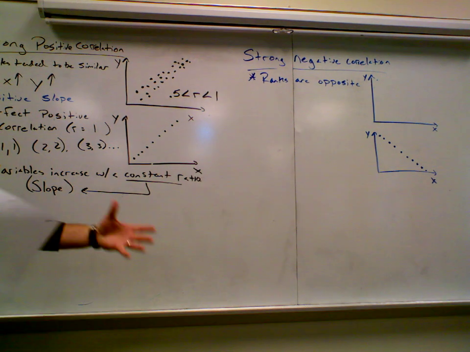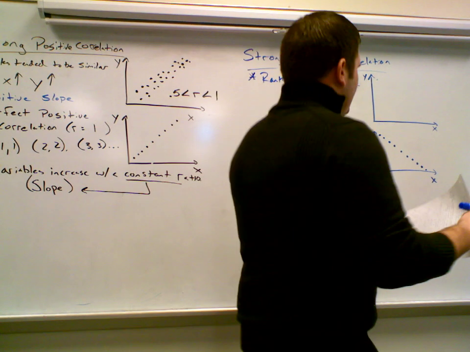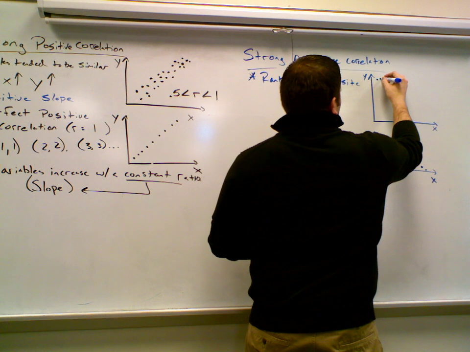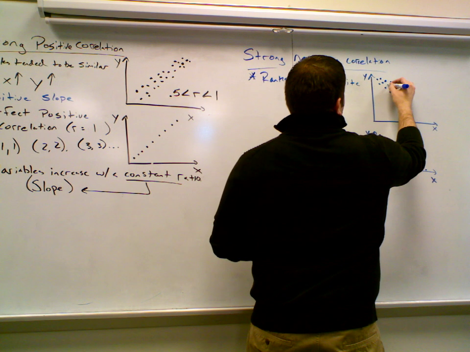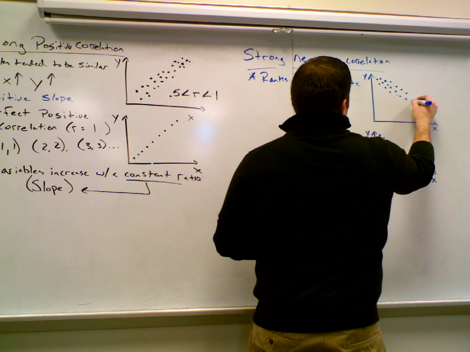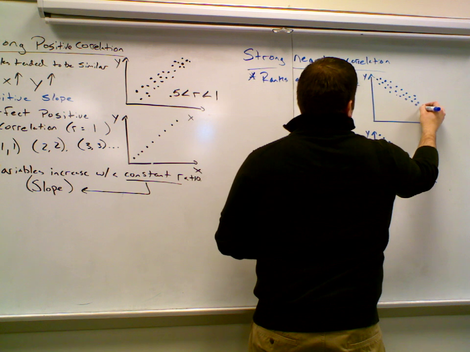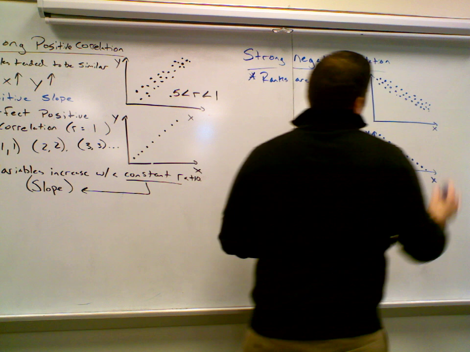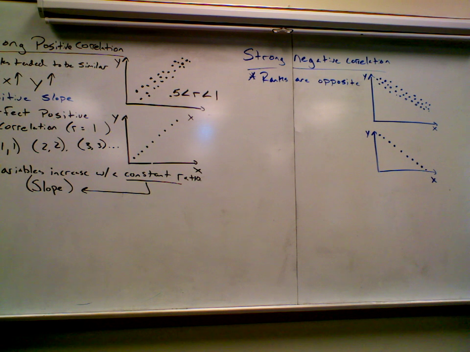So what might a strong negative correlation look like? Instead of being a straight line, it'll still kind of have that negative trend to it.